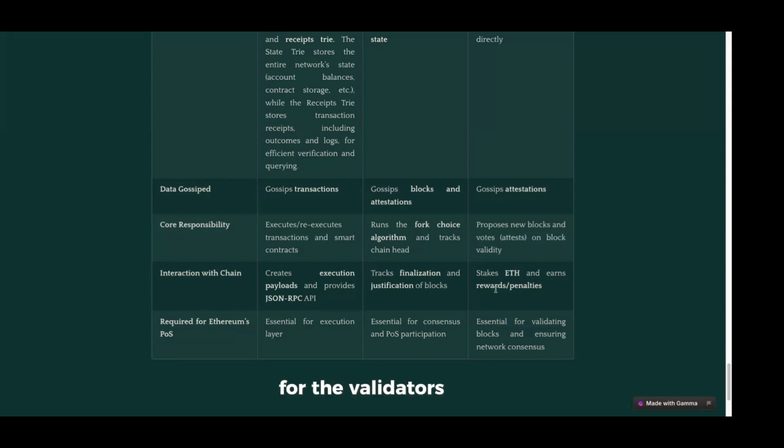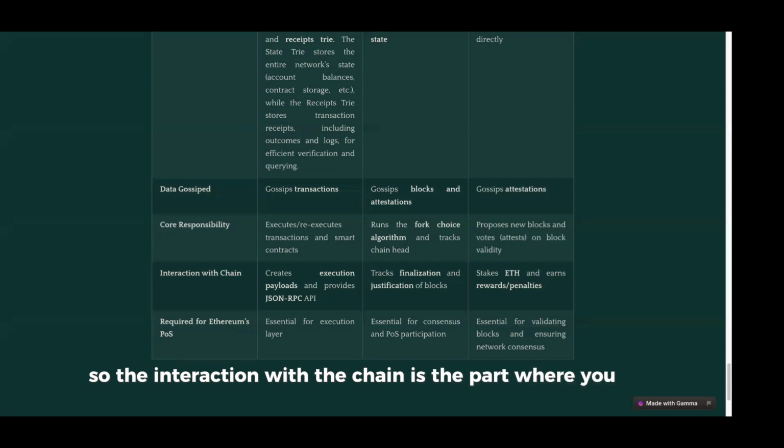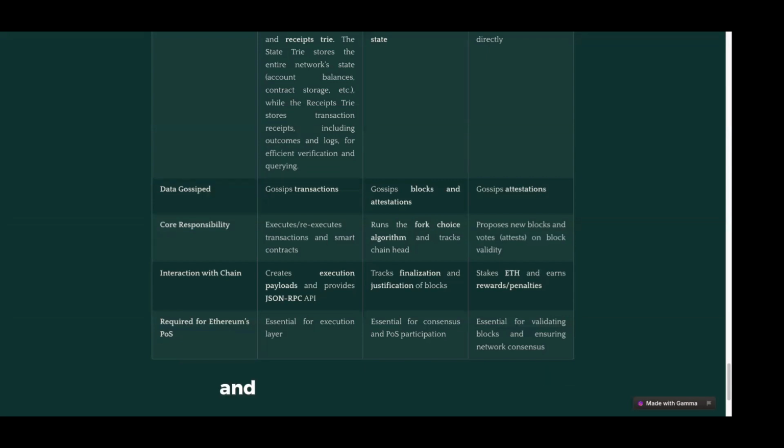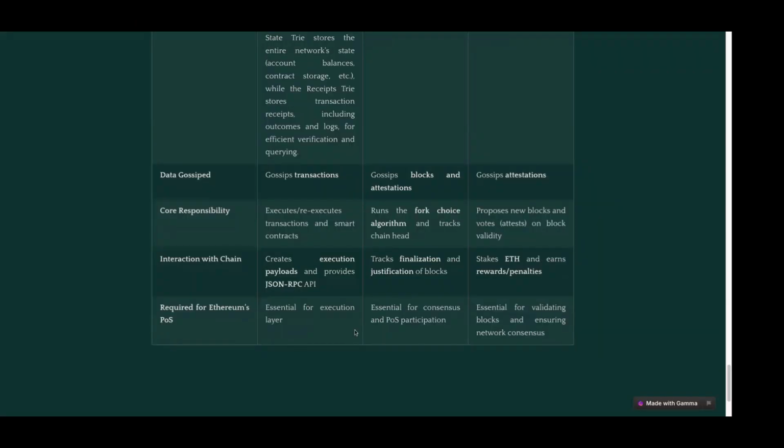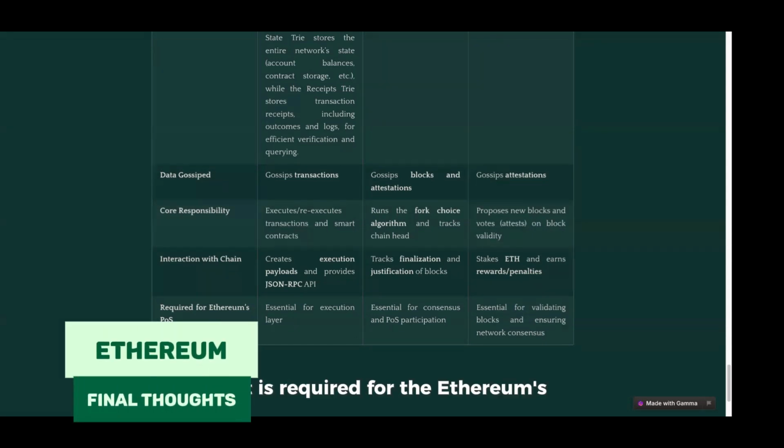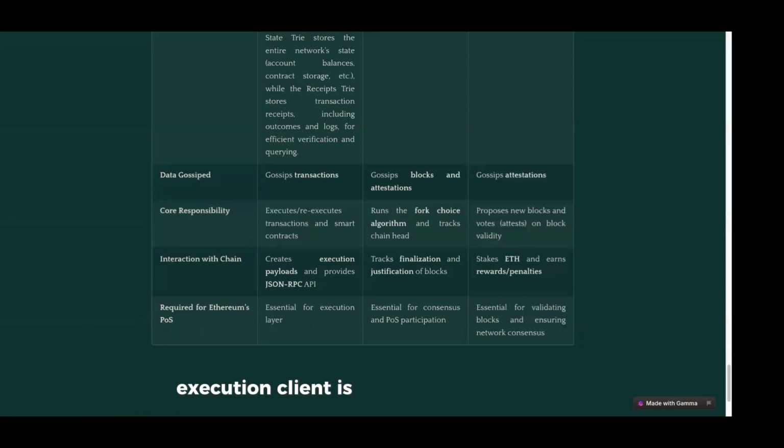So for the validator part, the interaction with the chain is where you stake your ETH and then you earn rewards or you get slashed. Lastly, on the parts required for Ethereum's proof of stake: the execution client is essential for the execution layer.